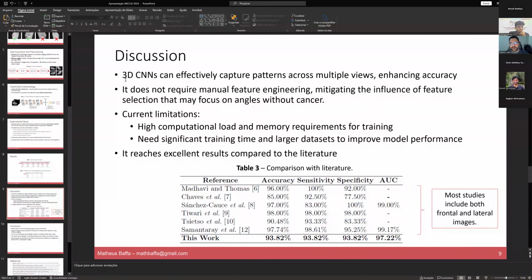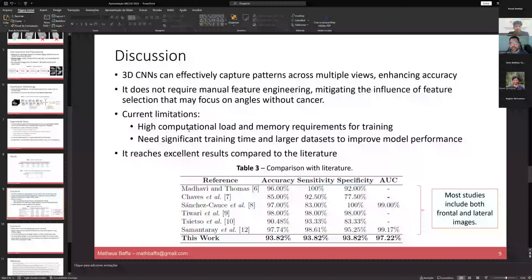So the 3D CNN effectively captures patterns across these multiple views. It does not require manual feature engineering, so the problem with having asymmetrical cancer in the breast is mitigated. But it has some current limitations.